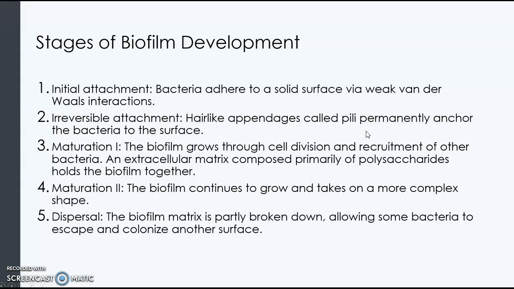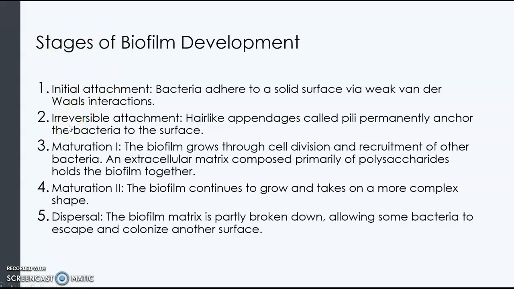So let's look at the stages again. There's the initial attachment to some substrate, some solid surface, and then there's irreversible attachment. So the initial attachment, they can be removed, or something can happen and they can become unattached.